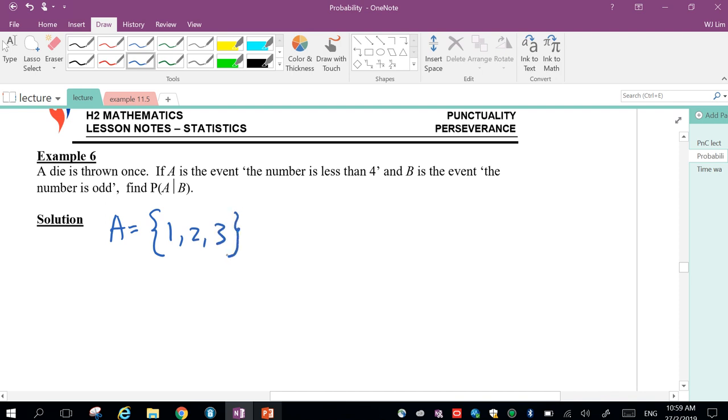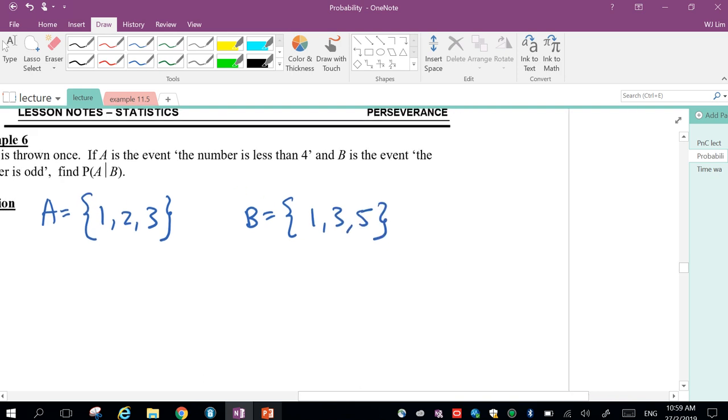Event B is 1, 3, 5. The sample space is 1, 2, 3, 4, 5, 6. The sample space, the definition I went through in my first lecture, is all the possible outcomes. So, A given B.